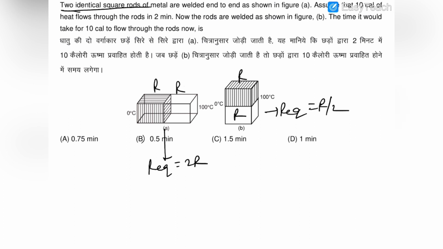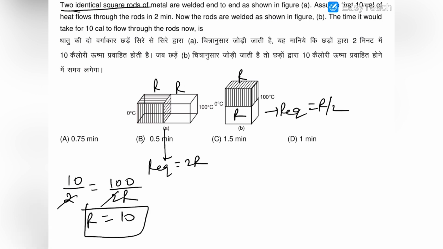So in the first case, it is given that the 10 calorie heat flows through this combination in 2 minutes. So the heat current in the first case will be 10 by 2, and that would be equal to delta T, which is 100, divided by R equivalent, which is 2R. Okay, so you can see that R will be equal to 10.